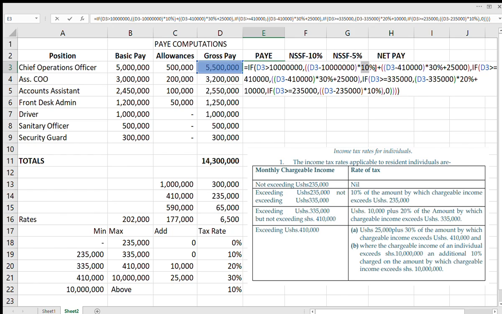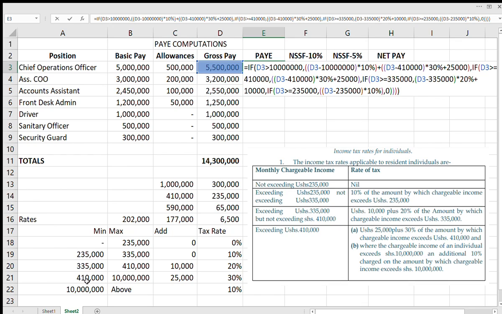We shall multiply it with 10%, so that the amount that has gone above 10 million will be multiplied by 10%. Then after that, remember that going above 10 million is also going above 410,000.